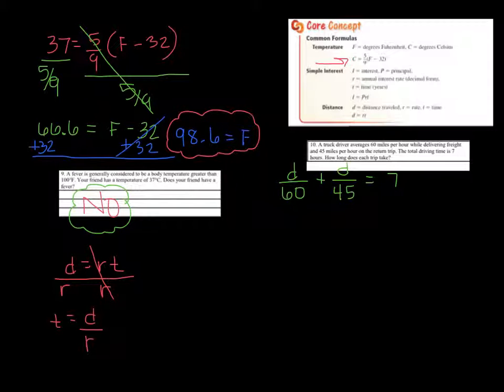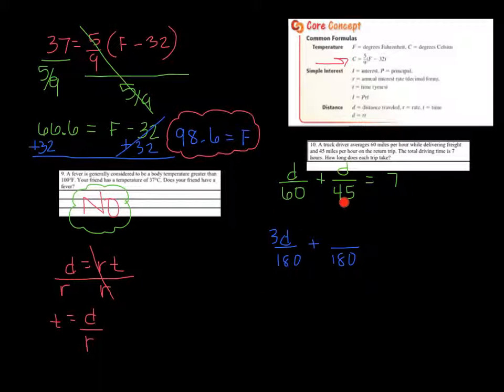So I'm going to rewrite these fractions with a common denominator. So in order to make these something over 180, I know that I have to do the same to the top and the bottom of the fraction. So 60 times 3 is 180. So I have to multiply d times 3 as well. So I have 3d over 180 for my first fraction. Now I'm looking at my second one.